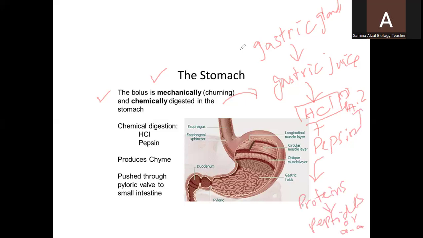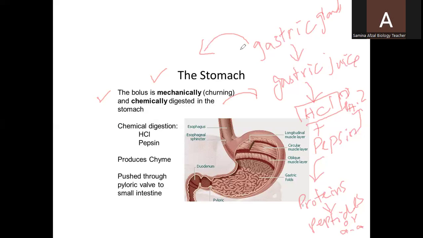So the different protein-digesting enzymes always work in acidic pH, but at different acidic pH their work can be seen. So in this way, I would like to say the chemical digestion takes place in the stomach. That is, the gastric gland secretes gastric juice, which has HCl and pepsin. One function of the HCl is to give acidic pH for the digestion of proteins.